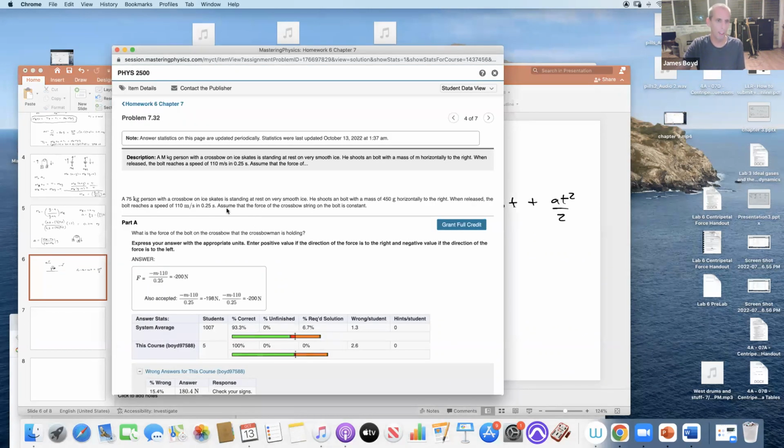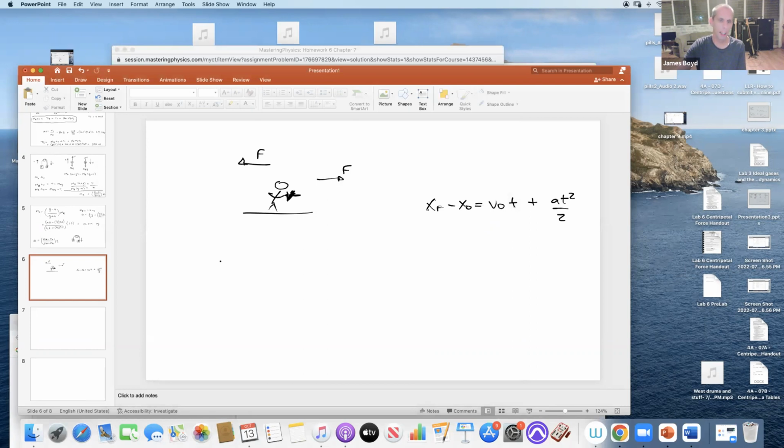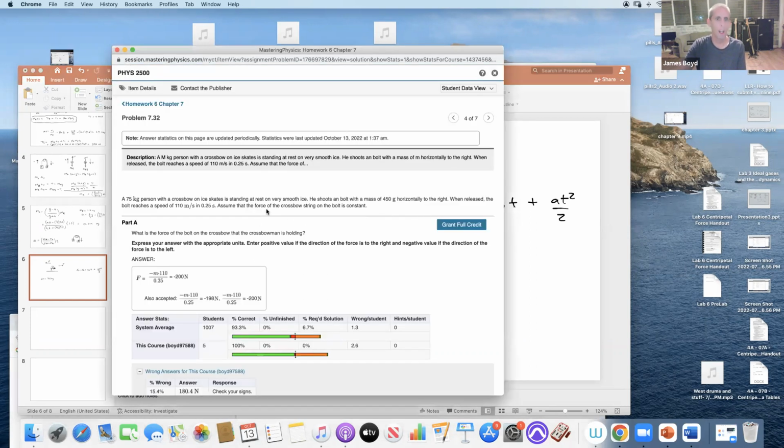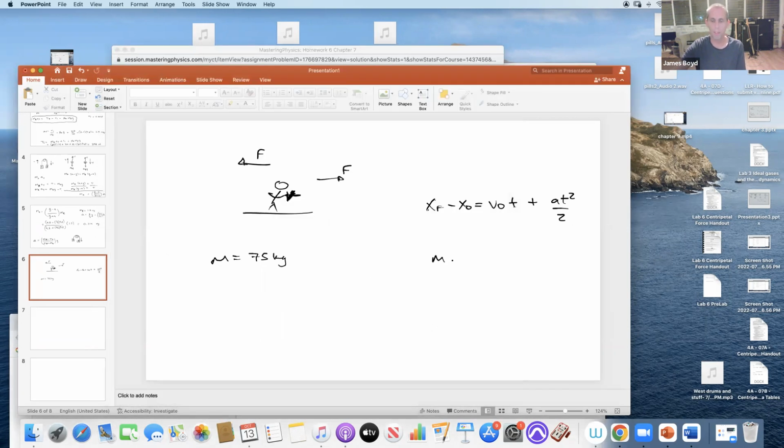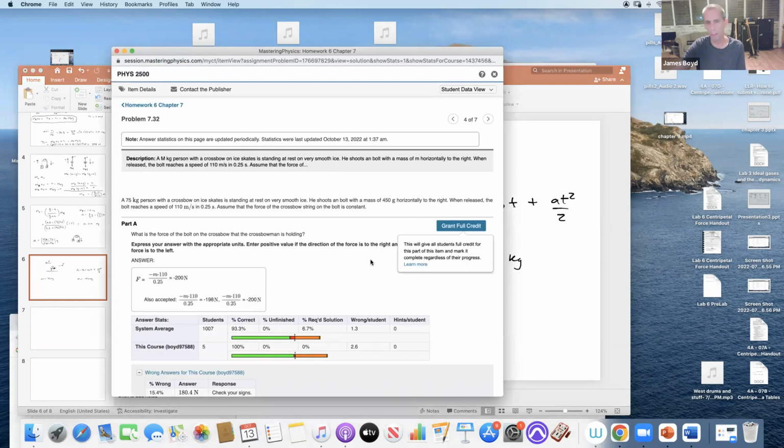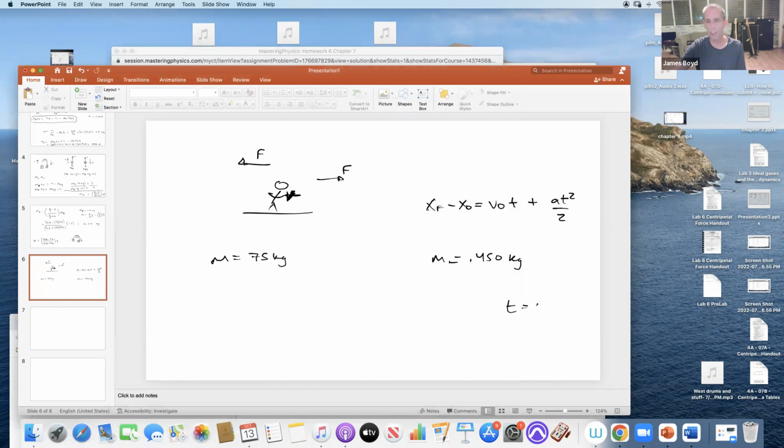So we're told that he's standing, the mass is 75 kilograms for the person. At rest, he shoots a bolt with a mass of 0.450 kilograms. 450 grams is 0.45 kilograms. When released, the bolt reaches a speed of 110 meters per second in 0.25 seconds.